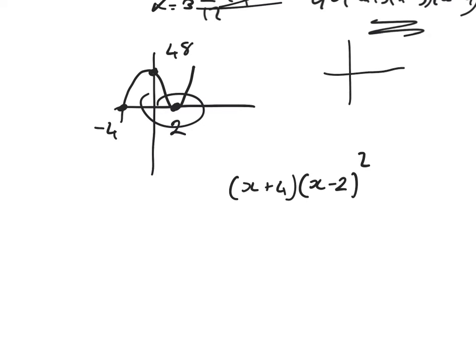So when we go right through a root, it's just the linear bracket, but if it's equal roots, which is denoted by going up, hitting the axis and coming back down, or going down, hitting the axis and going back up, like so and like so, we must square the bracket because that denotes equal roots.